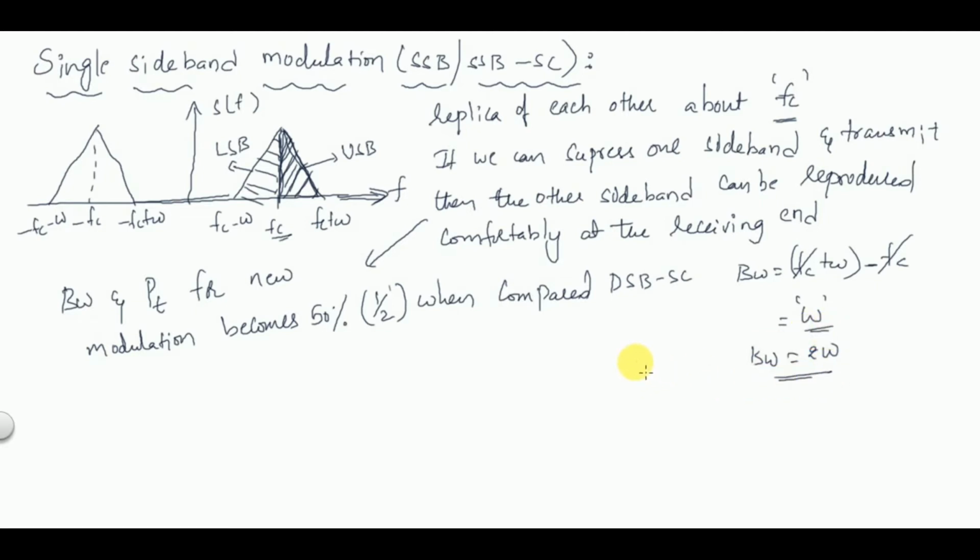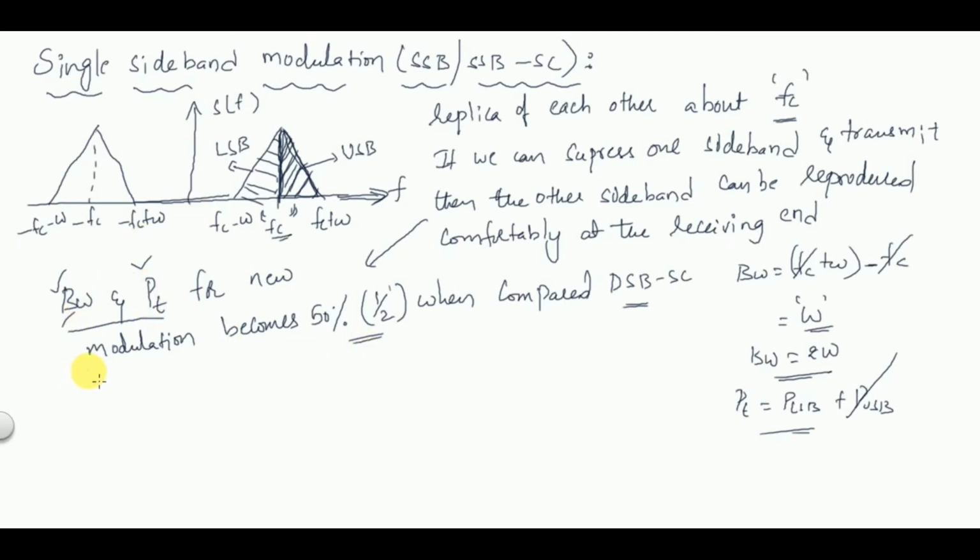So the bandwidth is decreased by half. Similarly, the total power is equal to the power of LSB plus the power of USB. Now we are suppressing one of the sidebands, so the power also decreases by half. So the bandwidth and power required for the new modulation scheme become half when compared to DSBSC. Because both sidebands are replicas of each other about the carrier frequency, if you suppress one of them, the bandwidth and power required to transmit the signal become half. Power and bandwidth can be saved.